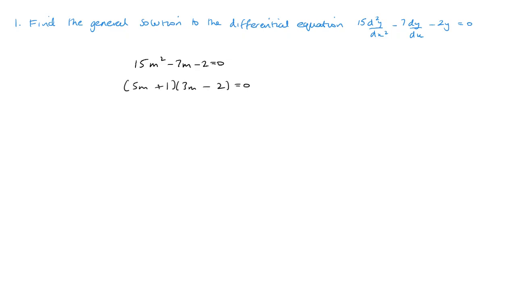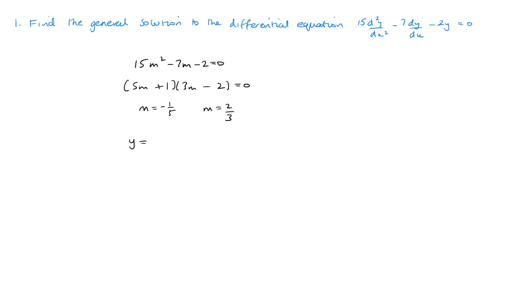So let's just double check: 15m squared, minus 10 plus 3 is minus 7, and minus 2. So you get m equals minus 1/5 and m equals 2/3 as our 2 scenarios there.